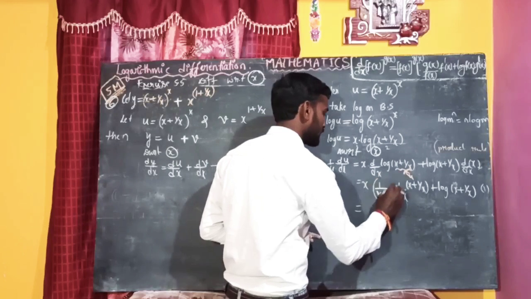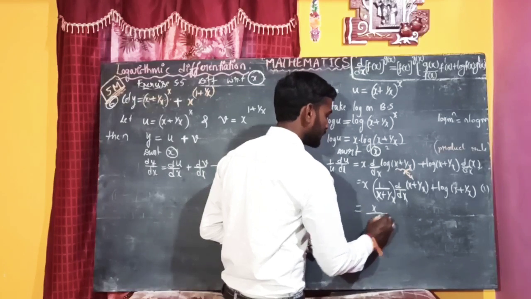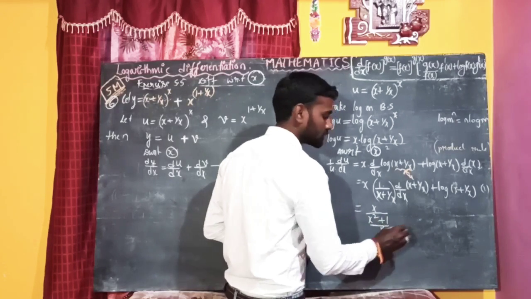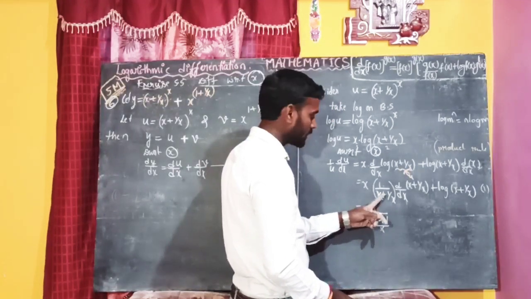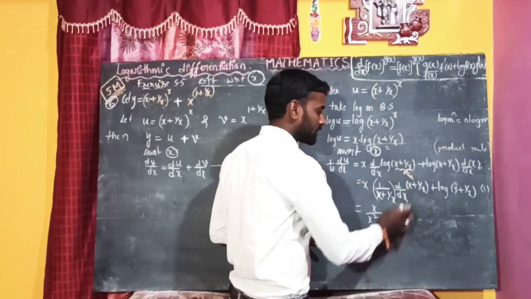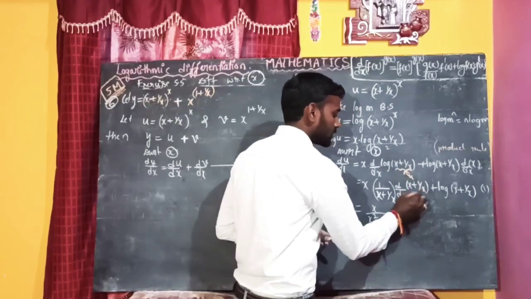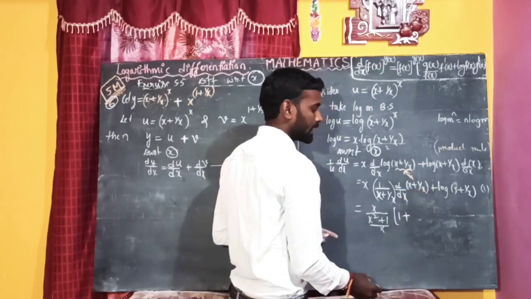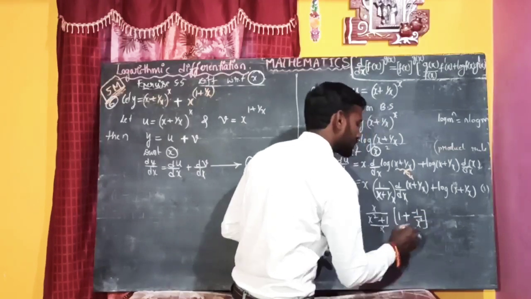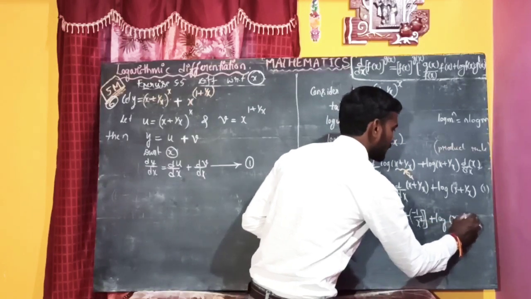Now observe guys, this can be written as numerator x, by denominator x into x is x square plus 1 by x, into the derivative of this function, which is 1 plus derivative of 1 by x, that is minus 1 by x square. Now plus log of (x plus 1 by x).